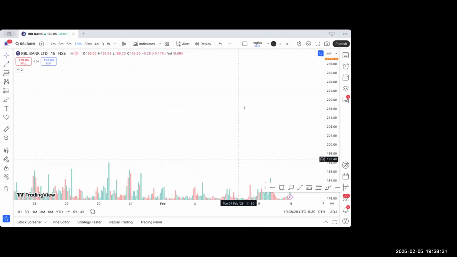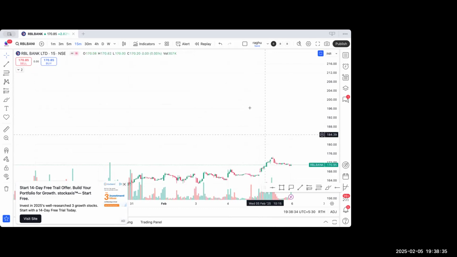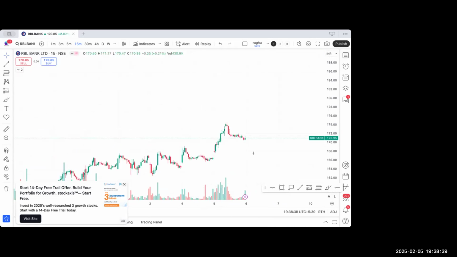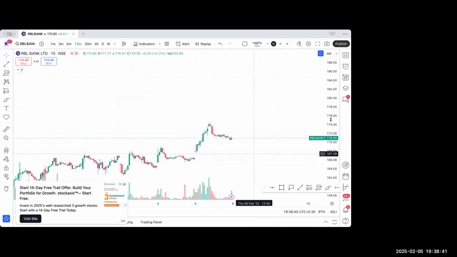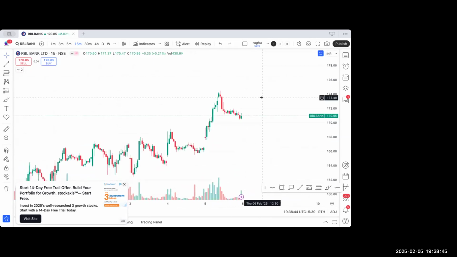There's no CE side or PE side. In F&O you have to go as per the levels. It is a breakout, and a breakout might fail also.